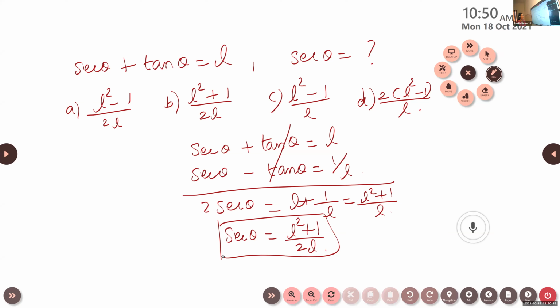You take the LCM. When you cross multiply, what will you get? L square plus 1 by L. Yes, ma'am.